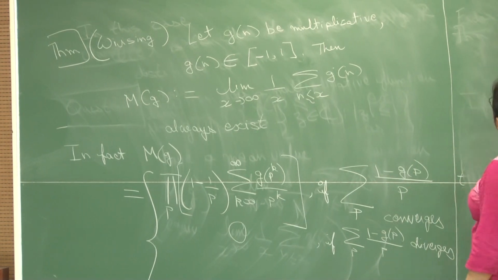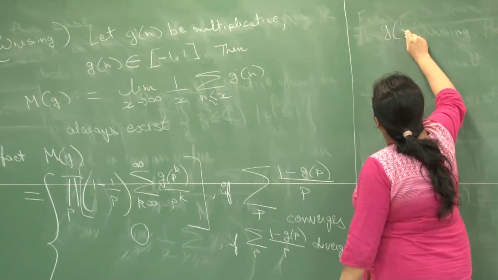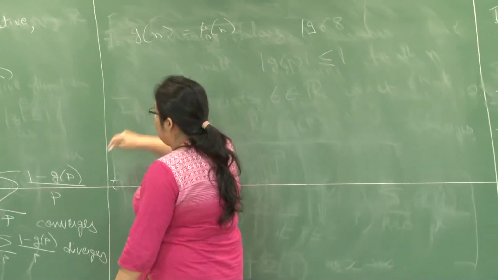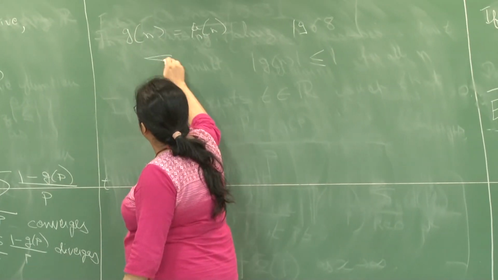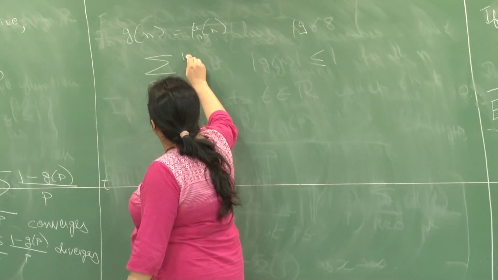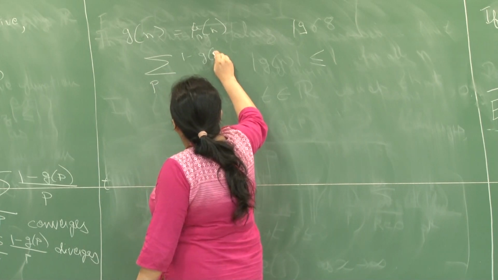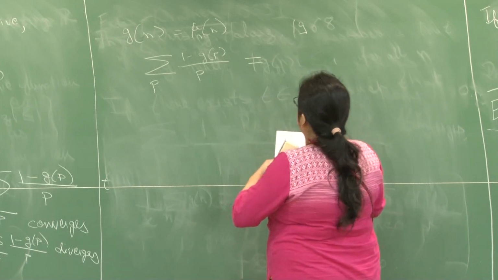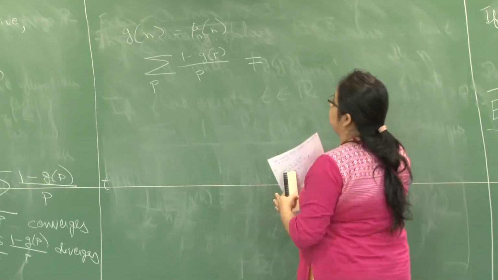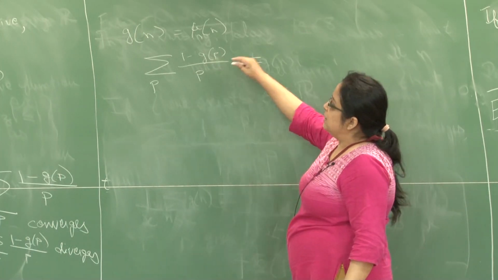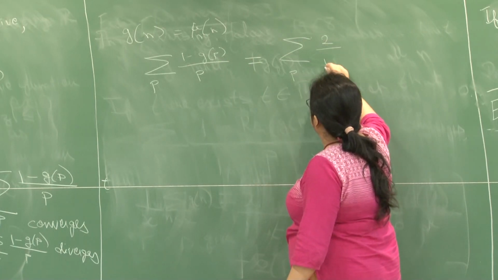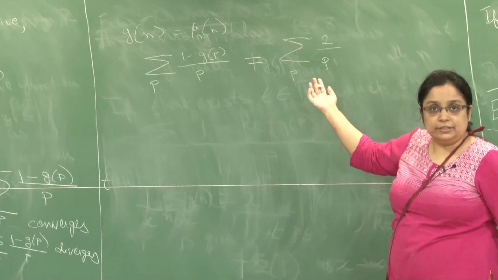So, in particular for g of n equal to mu of n, what do you know about this series, summation of 1 minus g of p over p? What is this equal to? It is 1 minus minus 1, so this is just summation 2 over p, which we know to diverge.